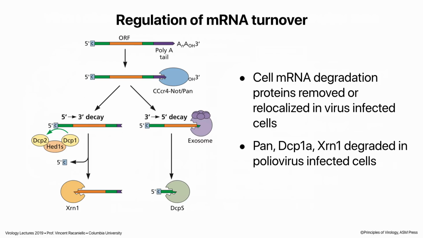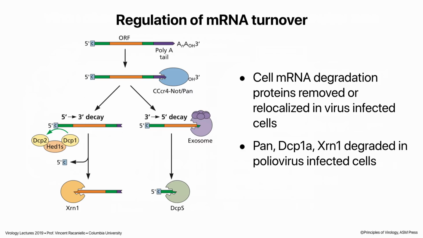And then once the cap is removed, XRN comes in and chews it up, because that's the signal for XRN. No cap on this RNA, we're going to get rid of it. And the same way, when a message has been deadenylated, it could also enter 3' to 5' decay, where an exosome here, a purple chewer, comes in and chews away, and it's helped by another enzyme called DCPS.